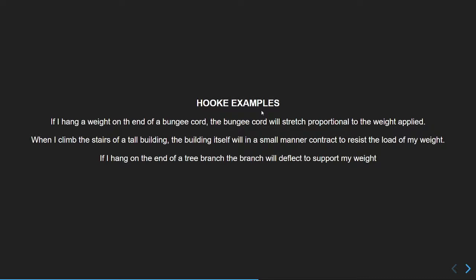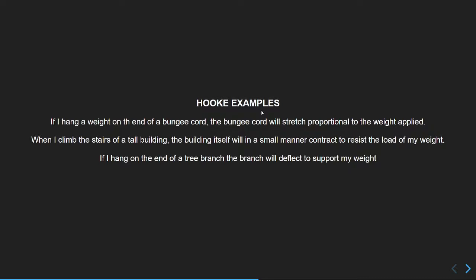So as I put pressure on an object, what happens is every object, every single one, concrete, steel, something that's really rigid, it actually deforms. And the way it deforms is it squishes out proportionally to the force that is pushing down on it.